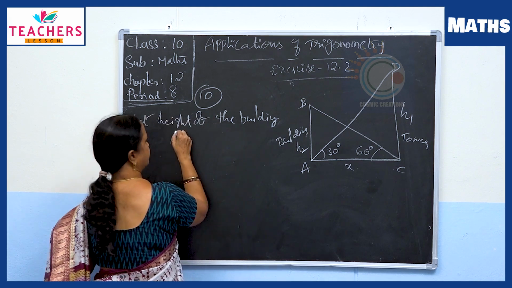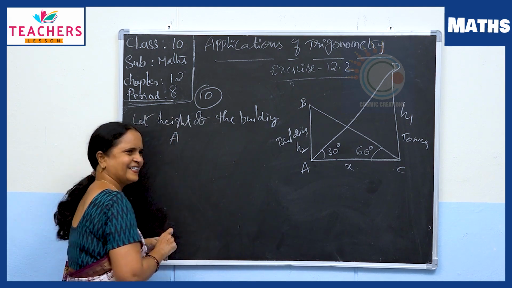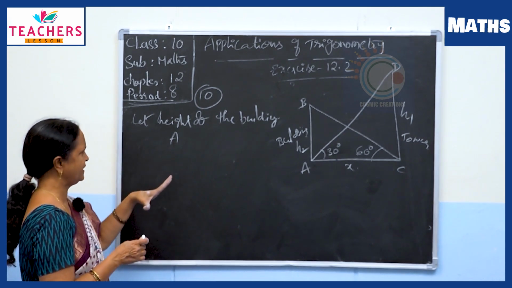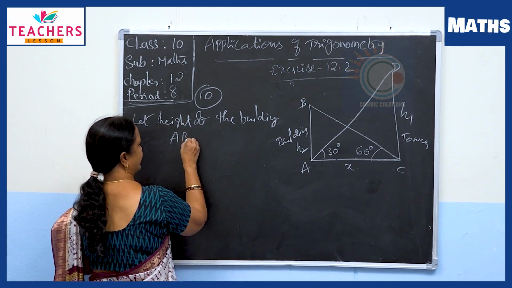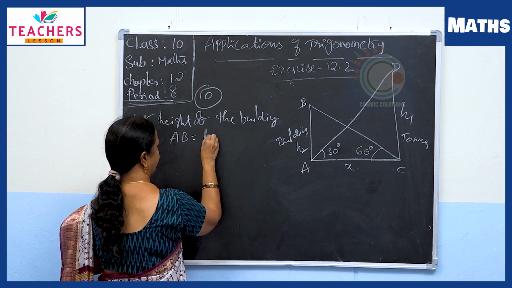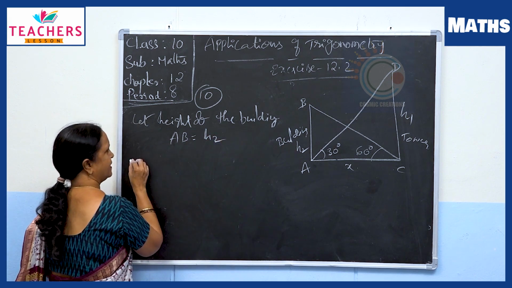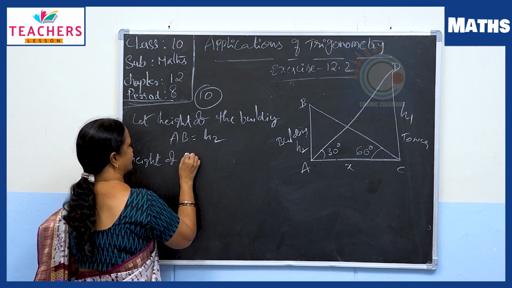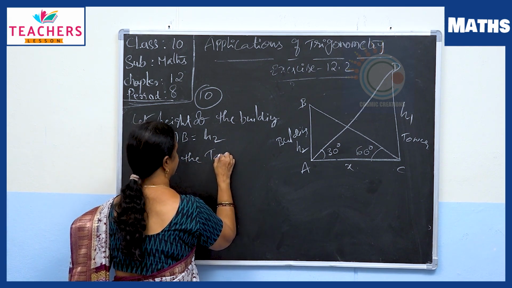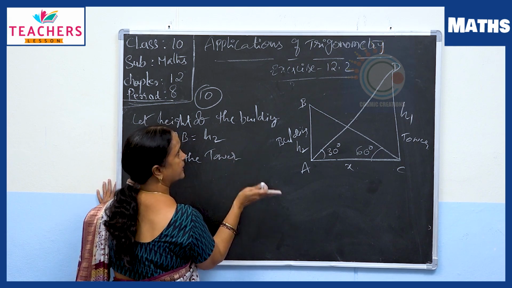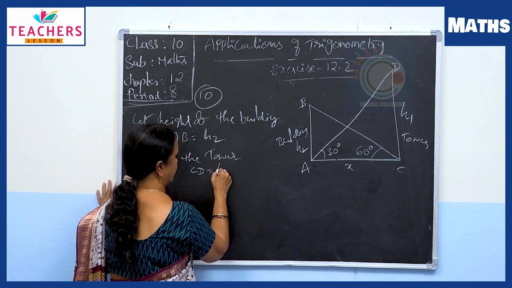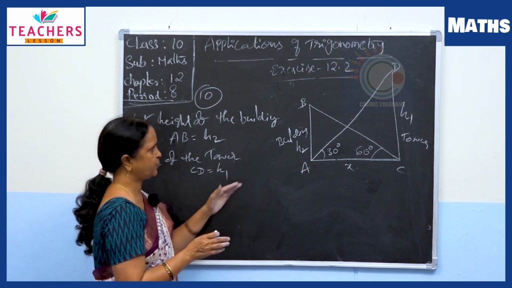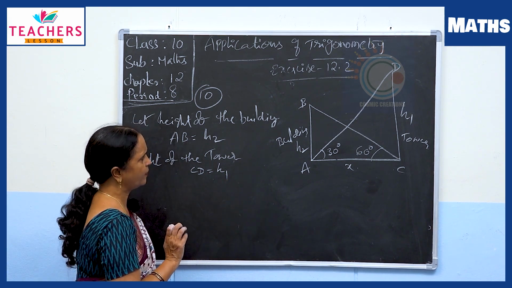Height of the building, AB, is equal to H2, and height of the tower, CD, is equal to H1. Next, what to find?